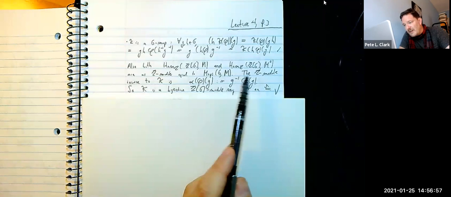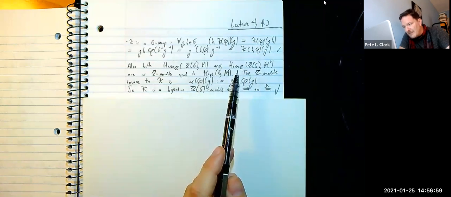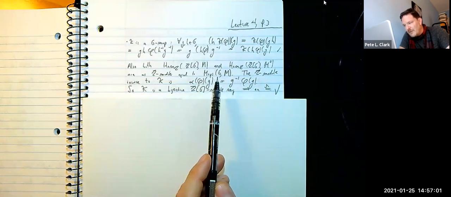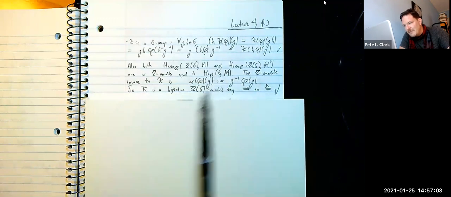You check that again I've defined a G map, and then what do I claim? I claim that again, the source and target are the same Z module, and so they both can be viewed as the collection of all maps from G to M. And then just at the level of G modules, you can immediately write down an inverse to this map.